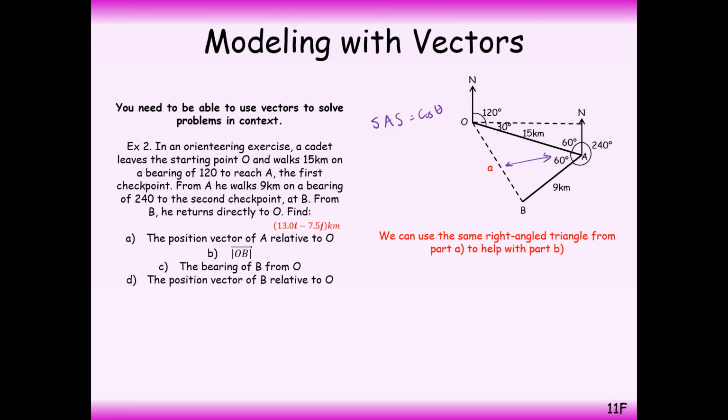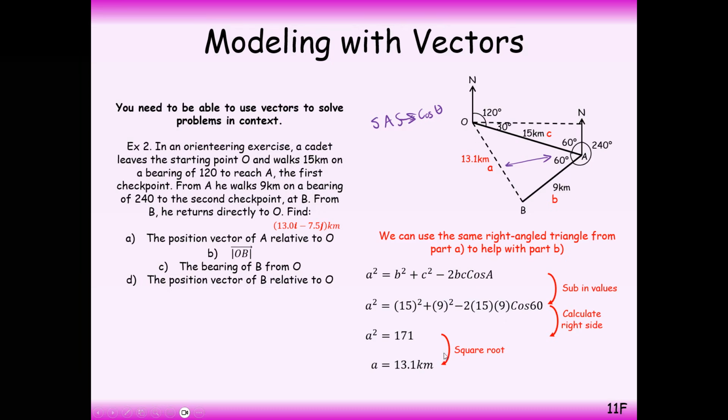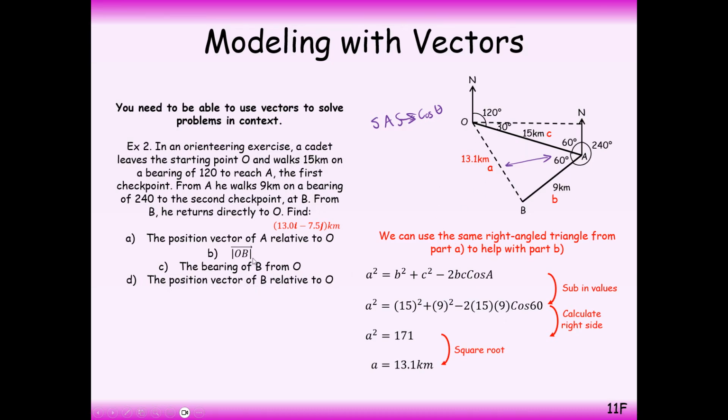No, I cannot use the sine rule, so the only rule is the cosine rule. So we're going to put those values into the rule here and rearrange it. You find that's 13.1. So we just figured out part B: the magnitude of OB is 13.1.